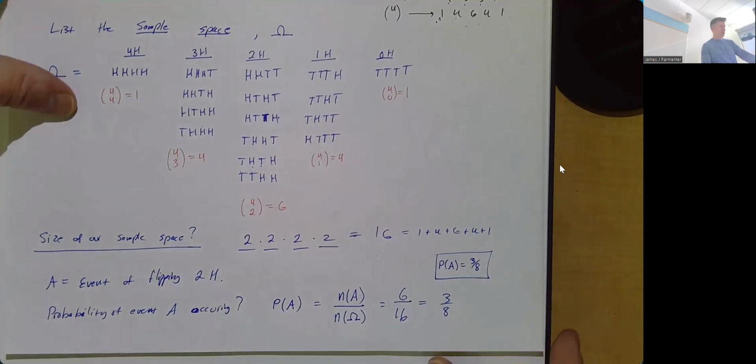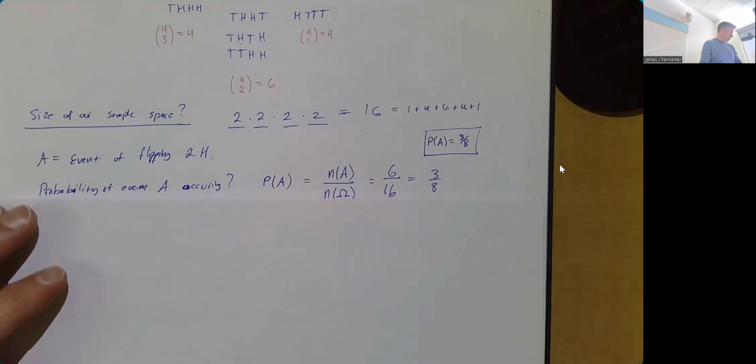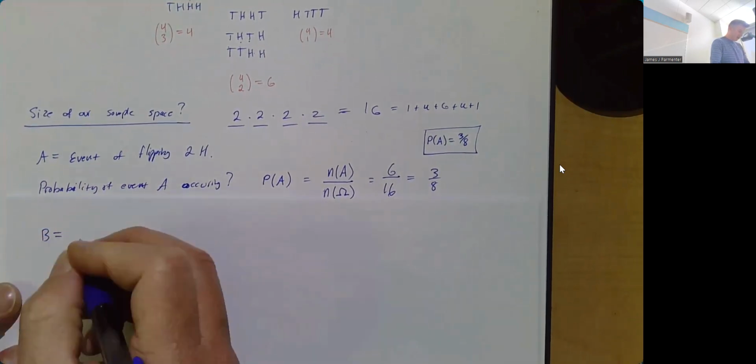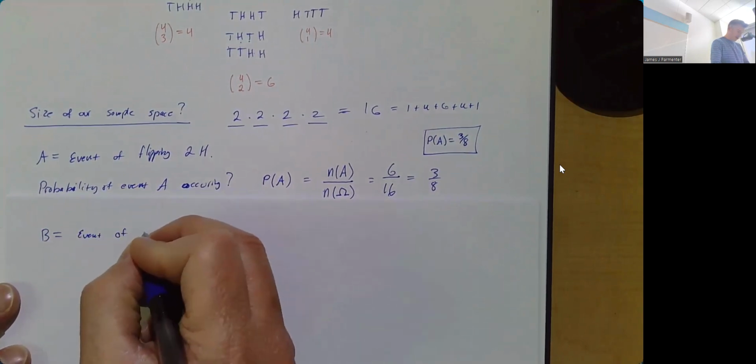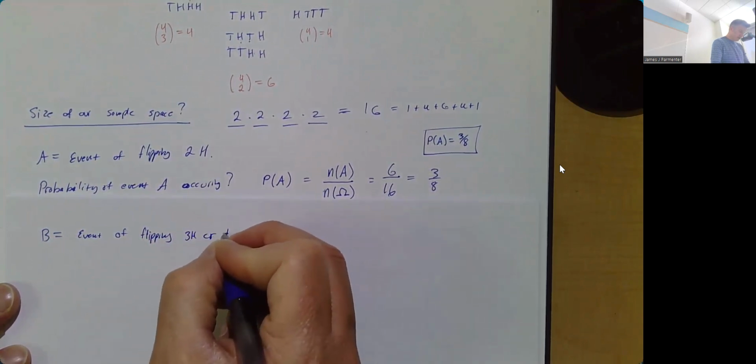All right. There's a few more examples in this question here. Let's suppose B is the event of flipping 3 heads or 4 heads.